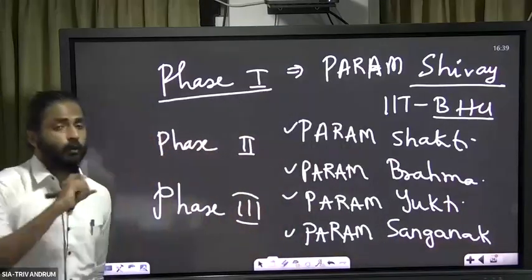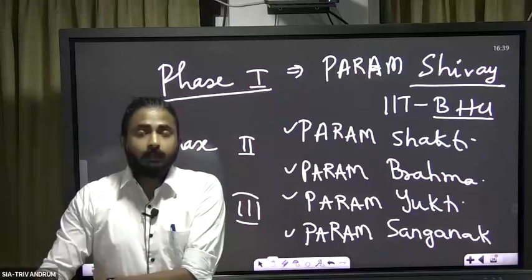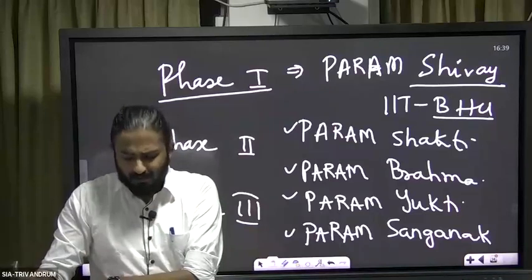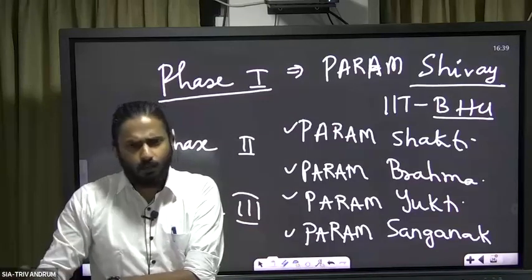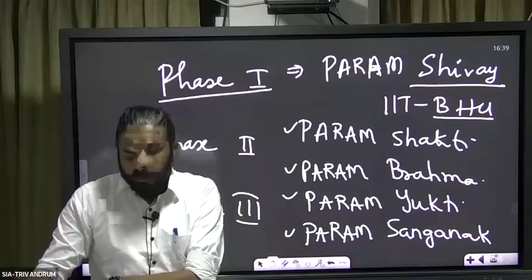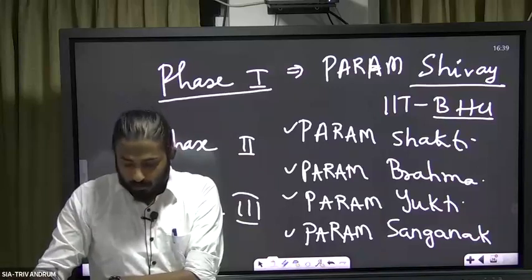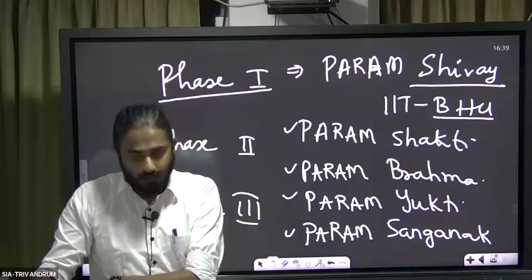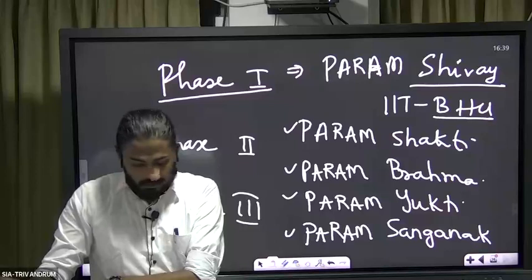So these are the 5 supercomputers we developed in phase 1 of our mission. These computers are developed, and if you want, you can check the institutes which developed them. Param Shakti is developed by IIT Kharagpur, Param Brahma by IISER Pune, Param Yukti by Jawaharlal Nehru Center for Advanced Scientific Research in Bangalore, and Param Sangnak by IIT Kanpur.